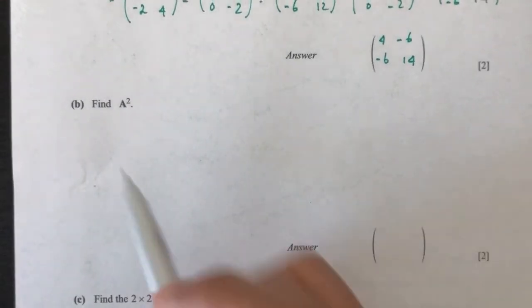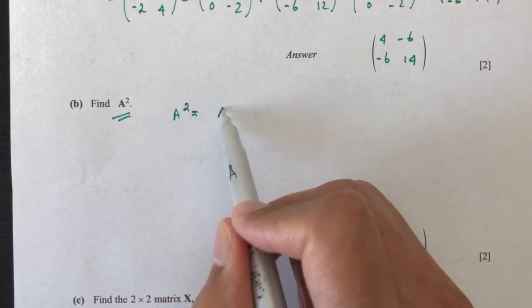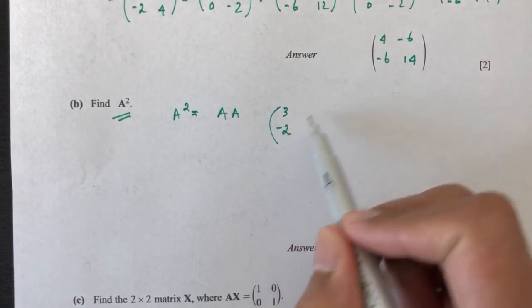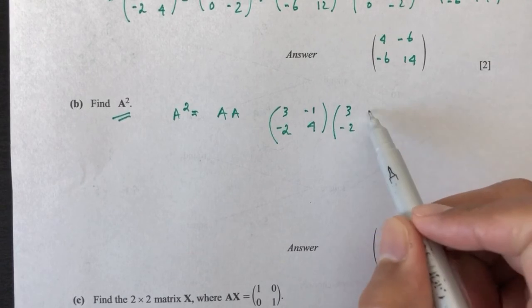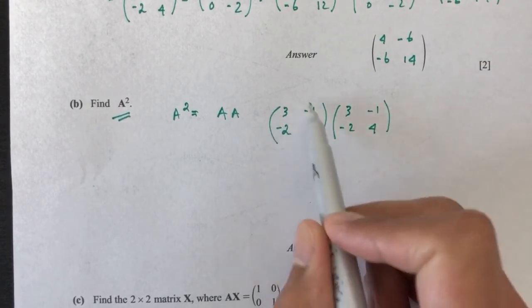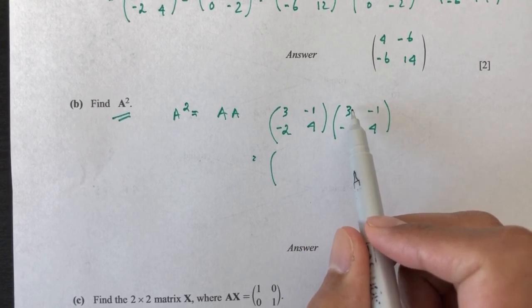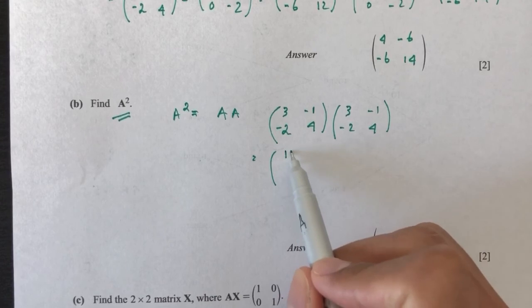Part A, find A square. A square is A times A. So A is 3, minus 2, minus 1, 4, times the same thing. So matrix multiplication is always row by column. So row is 3 times 3, which is 9, plus minus 1 times minus 2, which is 2. So 9 plus 2 is 11.